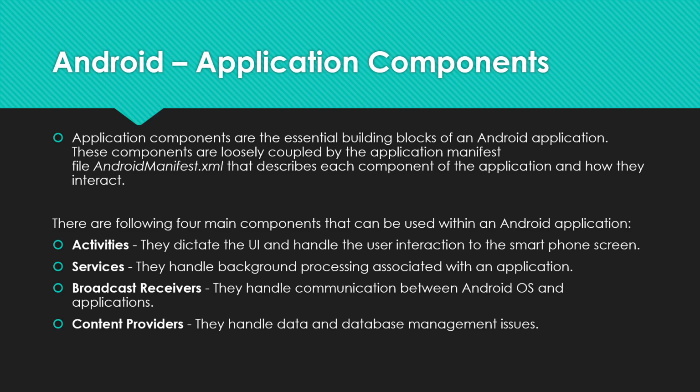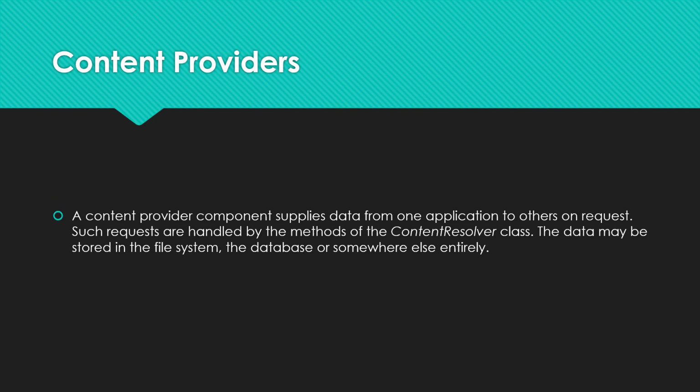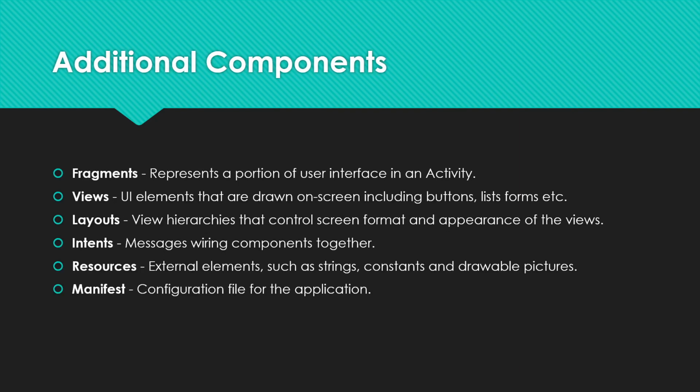So next, explanation for each one of those components. You can read this on your own. So ako lang po siyang summarize kanina for it is simple and easier to understand. Okay, and then we have additional components.